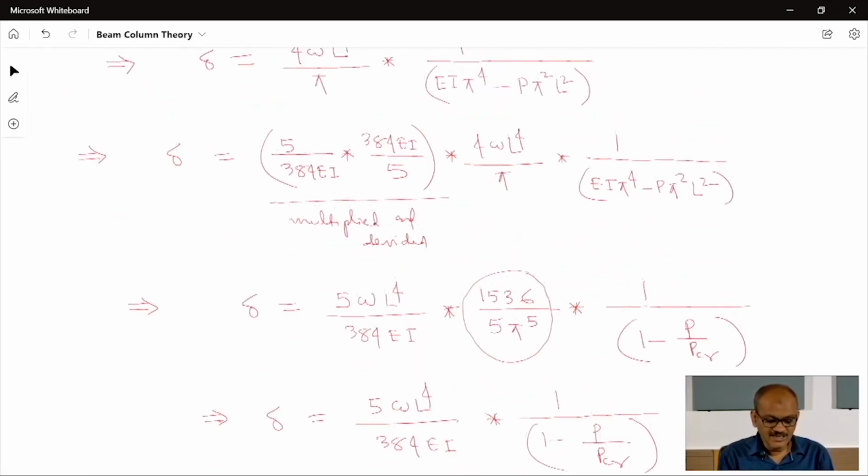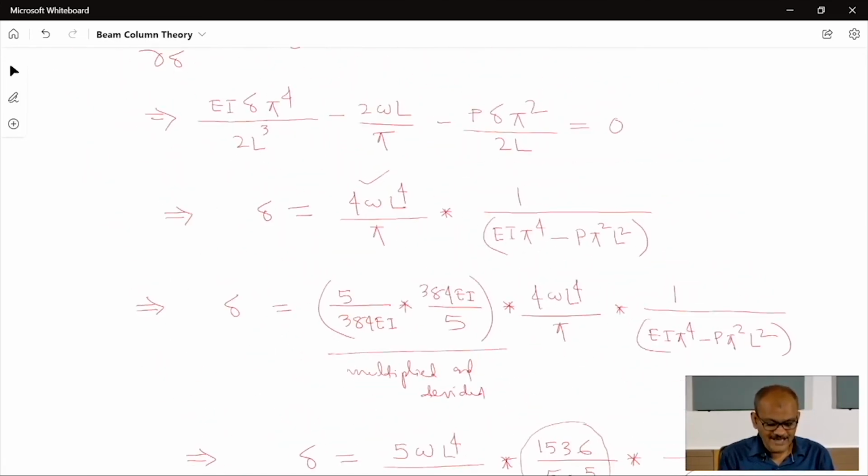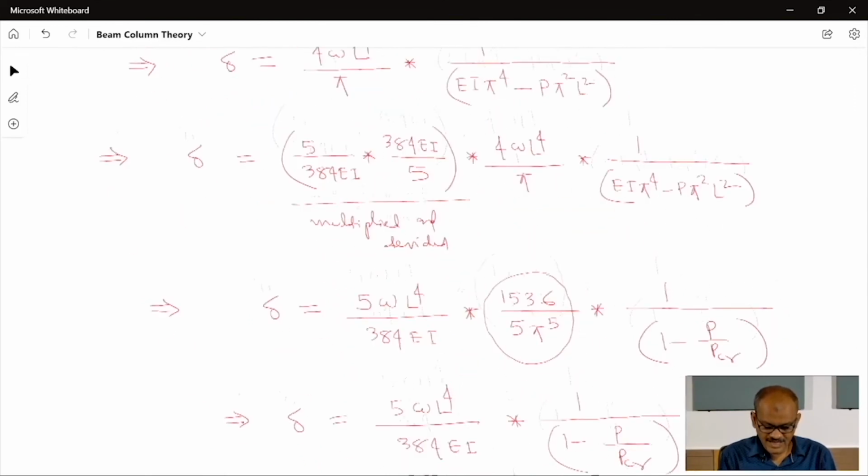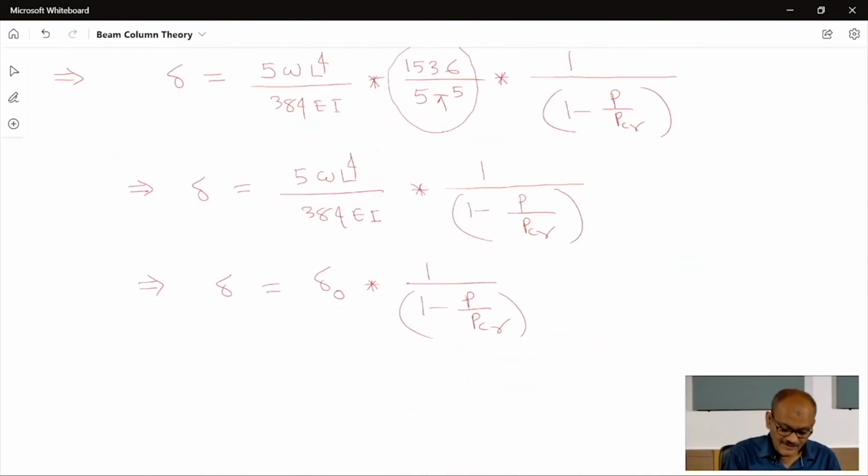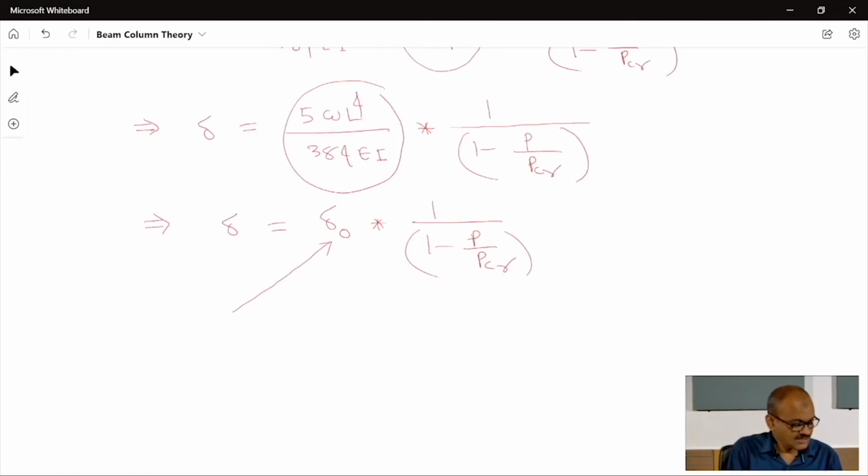What is the intention? We multiplied by 5 by 384 EI. Finally we get this expression, which is represented as delta naught. This delta naught is the deflection when only lateral load is applied.